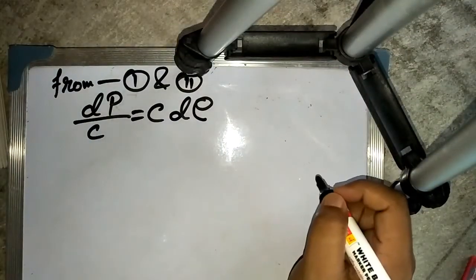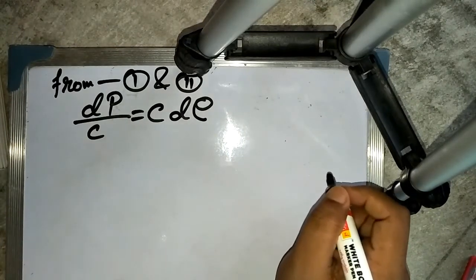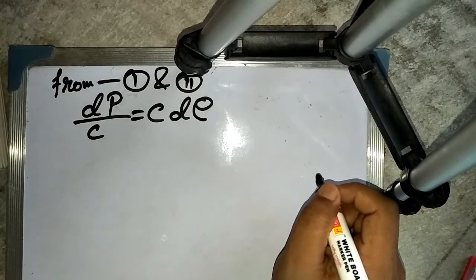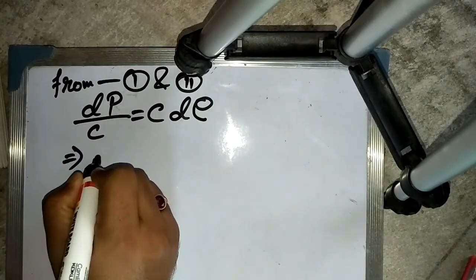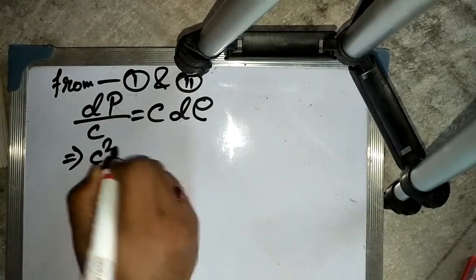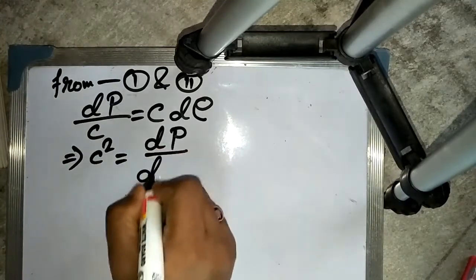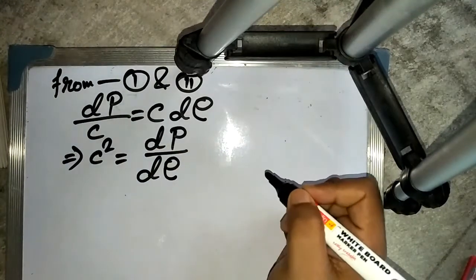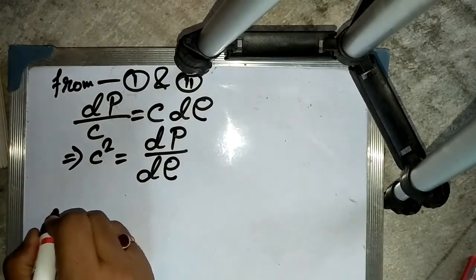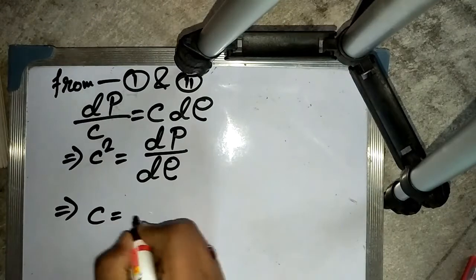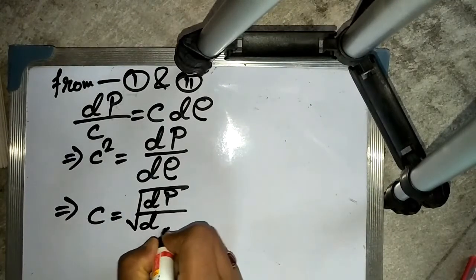So from equations 1 and 2, that means from the continuity equation and the momentum equation, we get dP by C is equal to C into d rho. So C square equals dP by d rho, or we can write C is equal to root over dP by d rho.